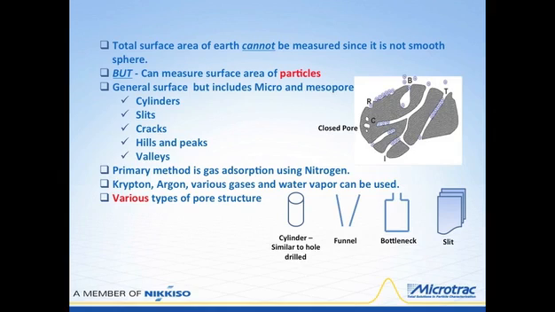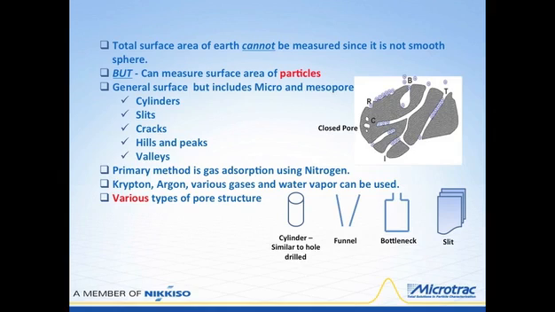And these three are considered to be a cylinder. And this is similar to drilling a hole into a surface or into a board or something of that nature. The other type that starts to be considered is this constriction here, which is a slit.